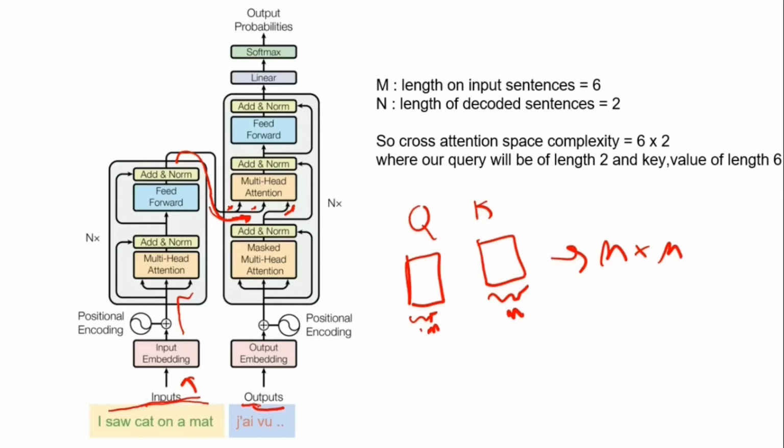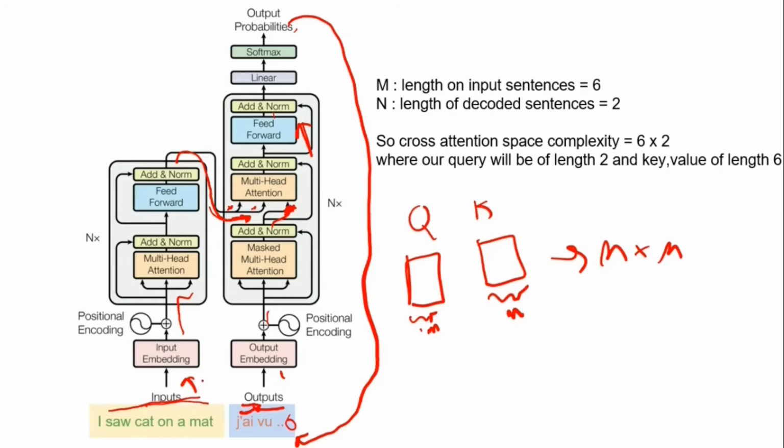Now, if you see, two words have been decoded, converted from English to French, and based on that, it will be provided to the queries of this multi-head attention. Based on all of this logic, our output sequences should be moving again to the decoder, and then the next value should be predicted from that.